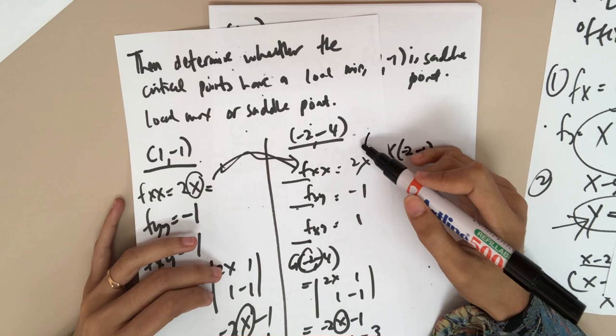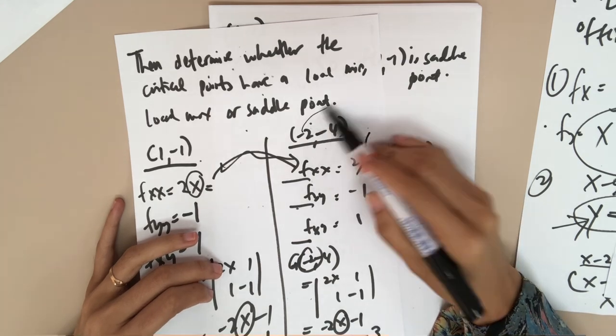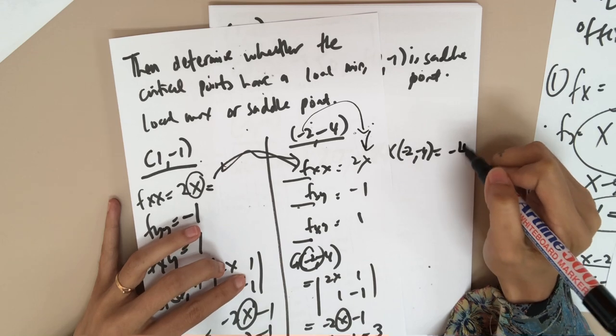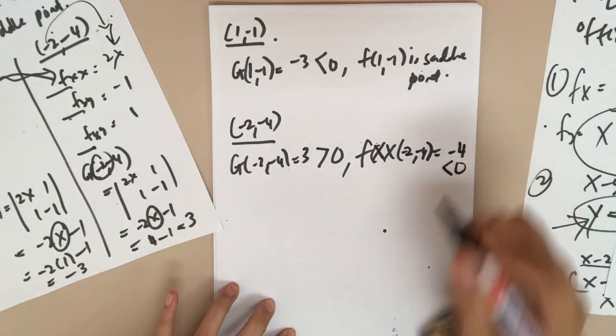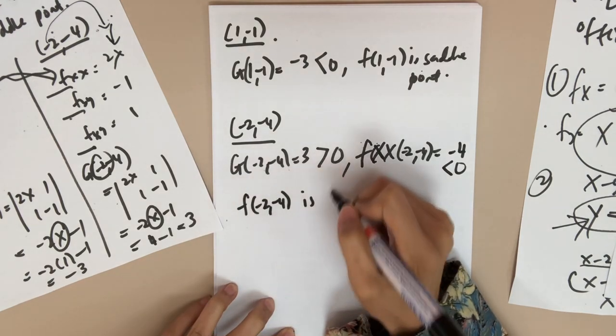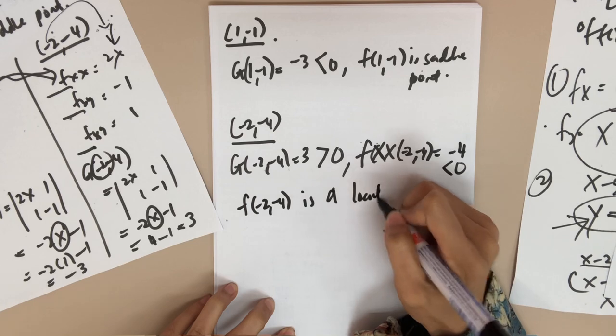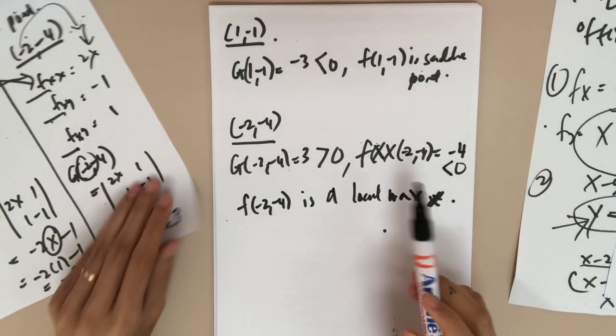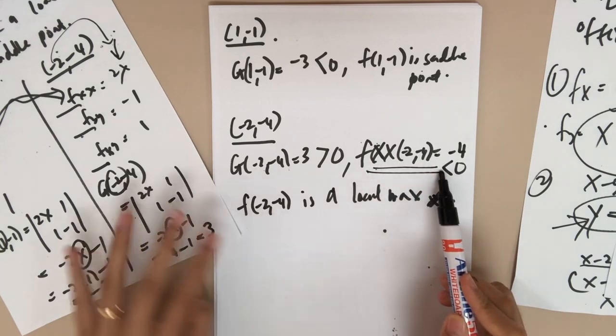So now you just substitute x here with this value, so it will be -4. And -4 is less than 0. Therefore, your (-2,-4) is a local maximum.